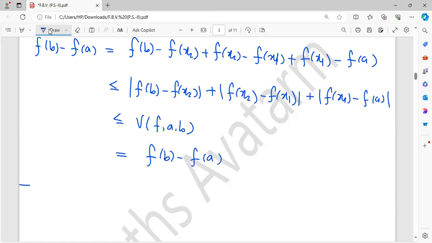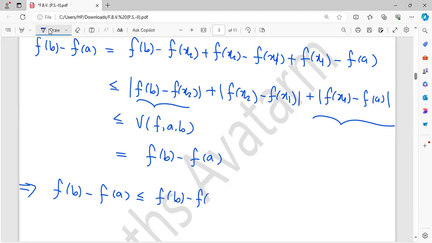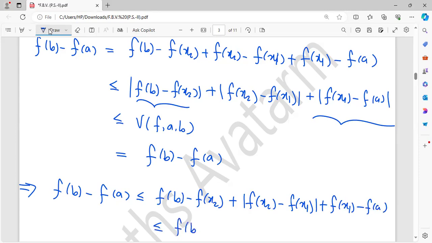These are non-negative quantities, so finally what I get is f(b) minus f(a) is less than or equal to f(b) minus f(x2) plus f(x2) minus f(x1) plus f(x1) minus f(a), that is less than or equal to f(b) minus f(a).